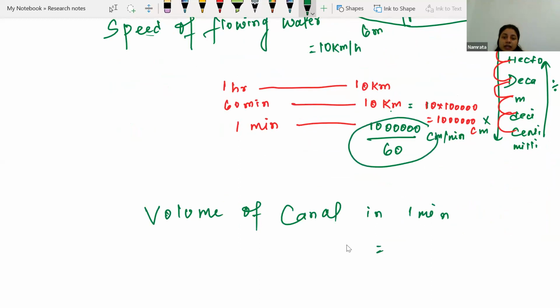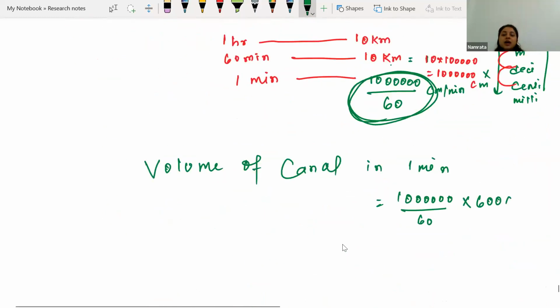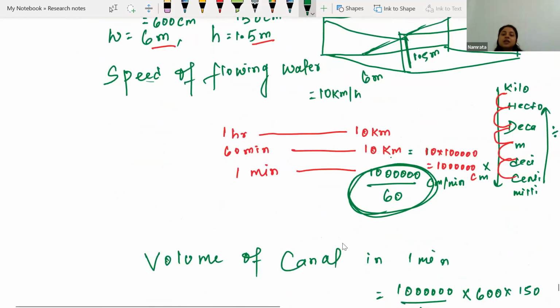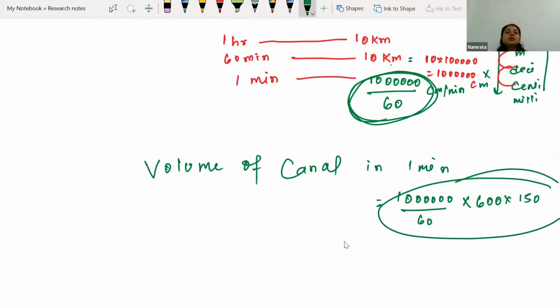This is the length which is getting covered, through which that much water is flowing in 1 minute. So 1 with 6 zeros divided by 60 is the length in 1 minute, into width which is already given, 600, into height which is already given as 1.5, which we have converted to 150. This much is the volume in 1 minute. Are you getting? This is the volume in 1 minute.